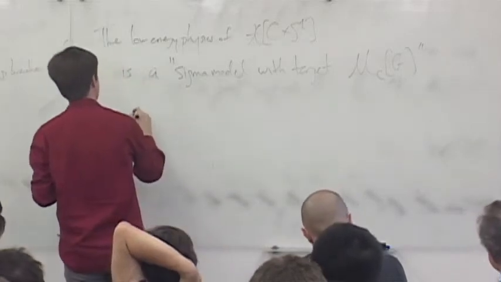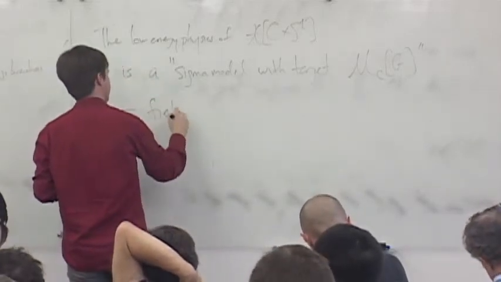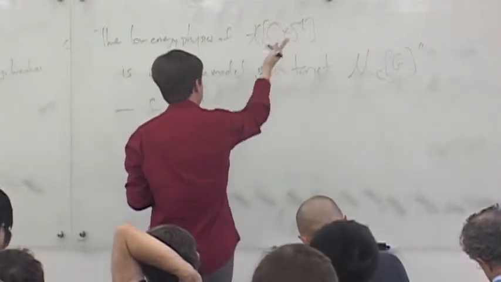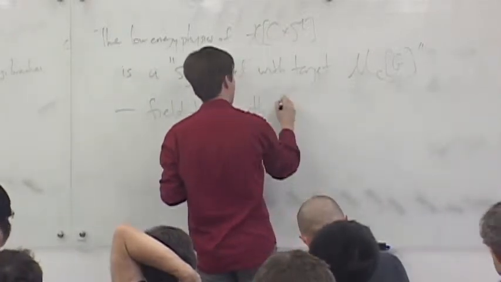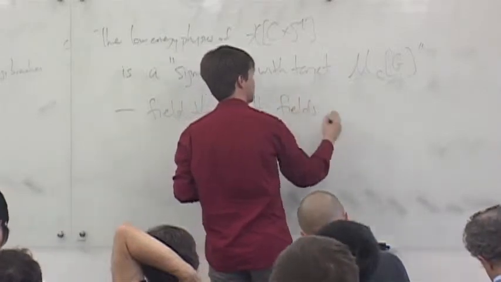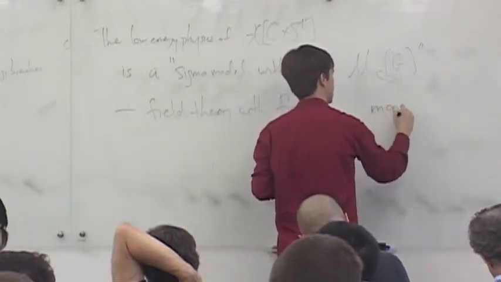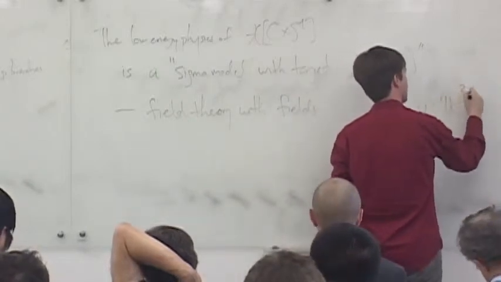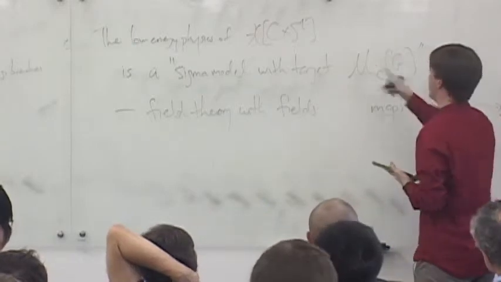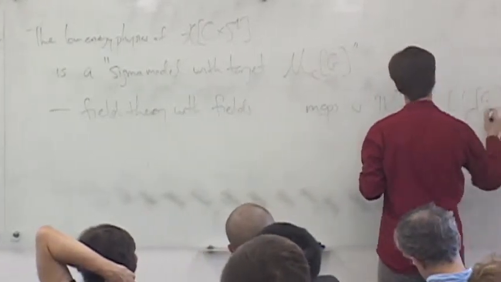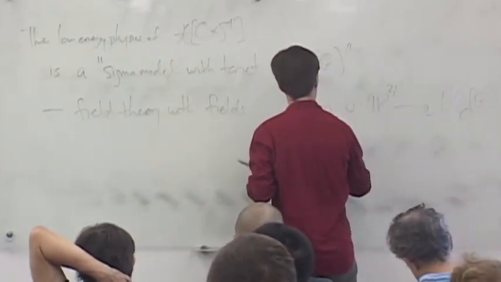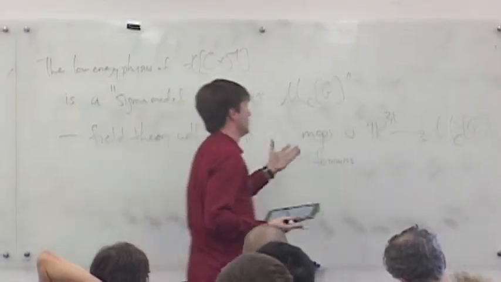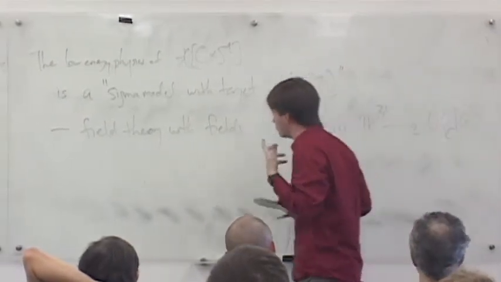So what does that mean? It's a field theory, the kind you can really describe by fields. The bosons are just maps, call the map sigma, from R2,1 into this moduli space. And in addition to that, it has some fermions. So it's a sigma model, but it was supposed to be a supersymmetric theory.